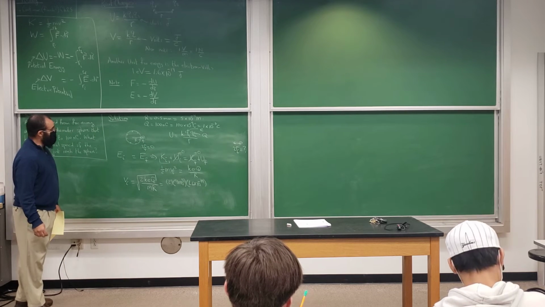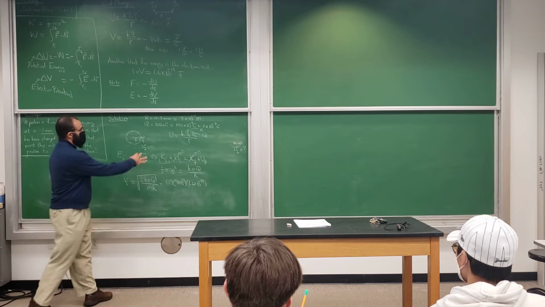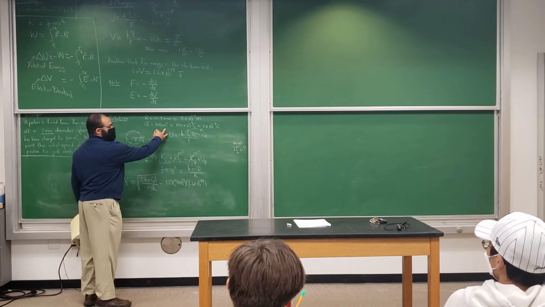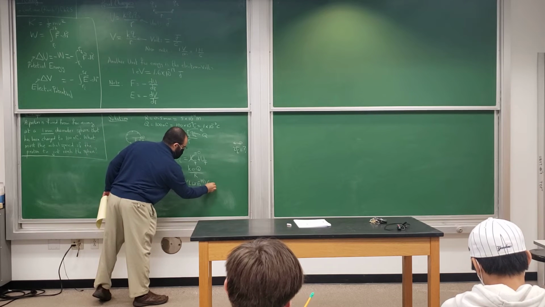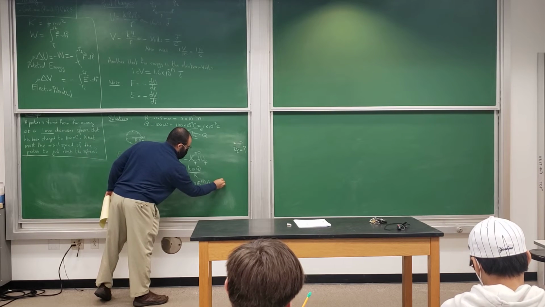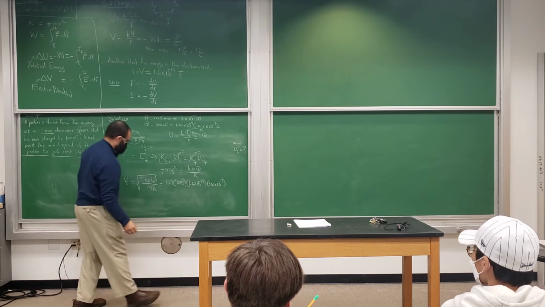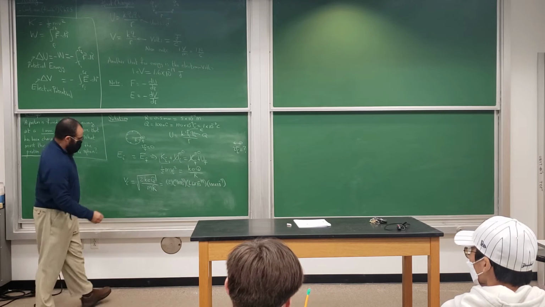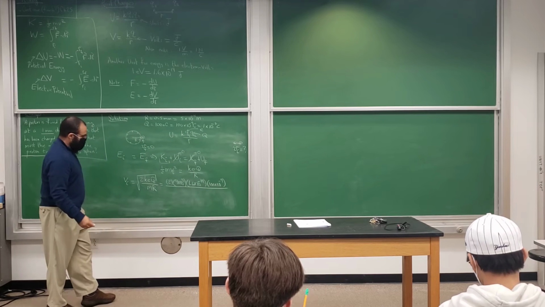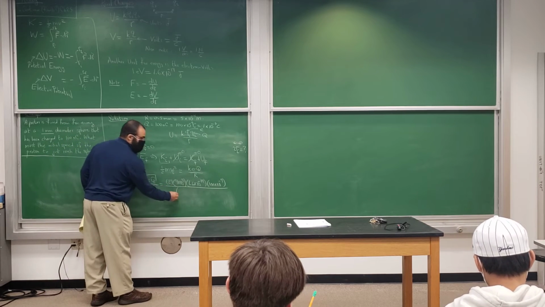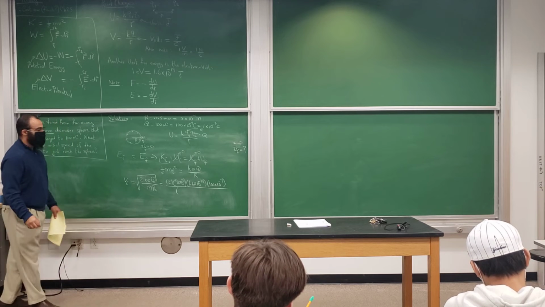And then capital Q is the charge of the sphere, which is this 100 nanocoulombs. So it's 100 times 10 to the minus 9, or 10 to the minus 7, if you like. And then divided by m R. Now m here is the mass of what? Who is moving?